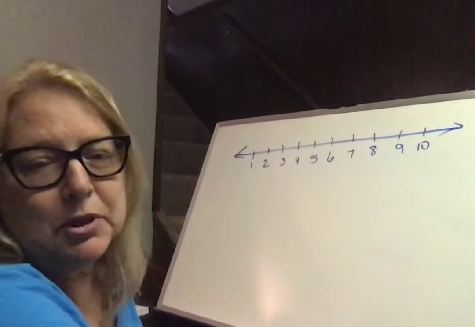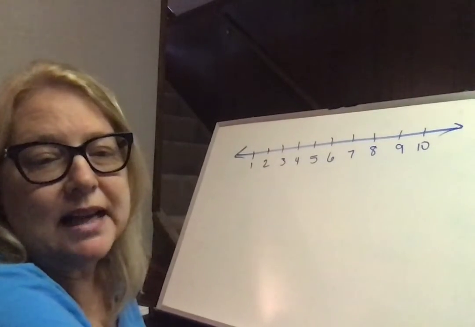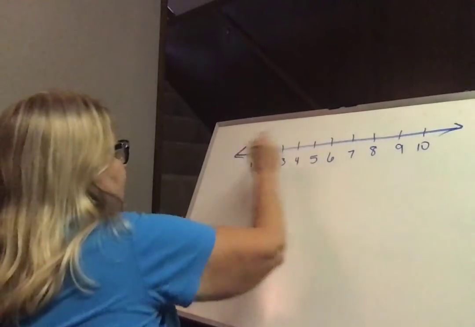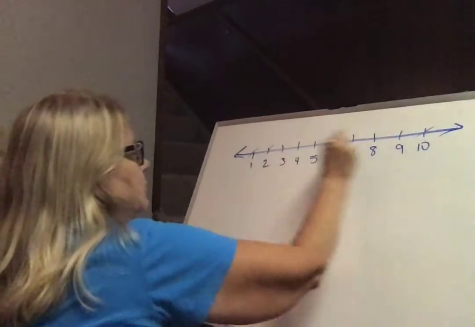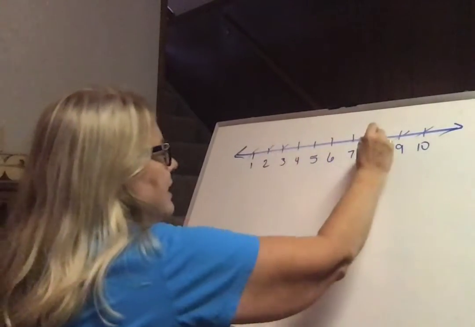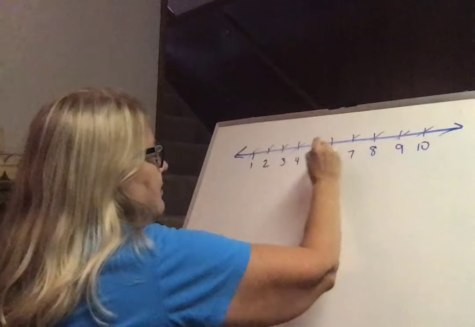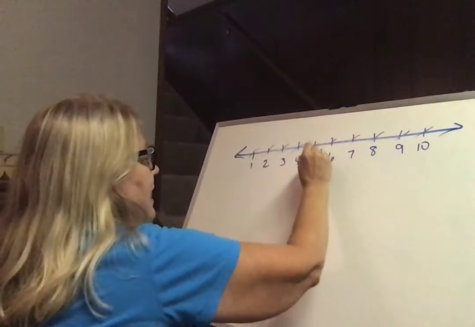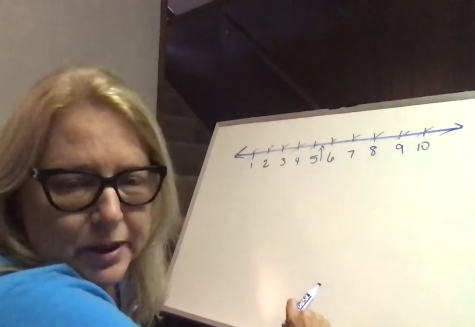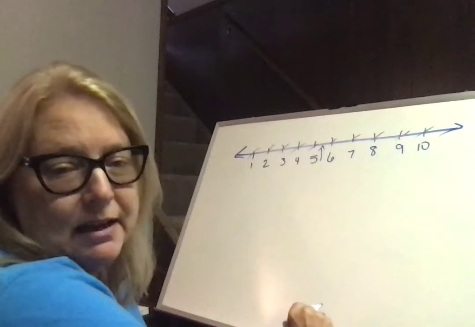With a number line, it's fairly easy to find the average. 1 and 10, 2 and 9, 3 and 8, 4 and 7, 5 and 6 means the average is halfway between 5 and 6, or 5.5.